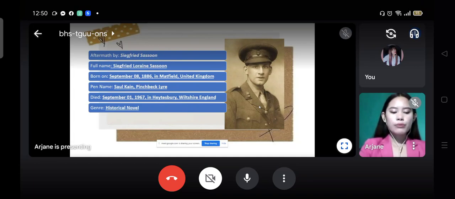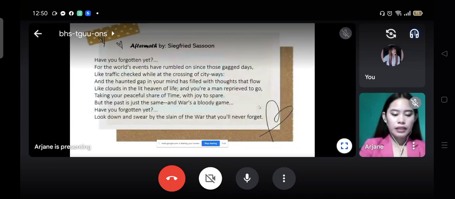In most poems of Sassoon, there is deep meaning and important messages. So in his aftermath, he attached his passionate expressions of the horrors and how he felt during World War I.